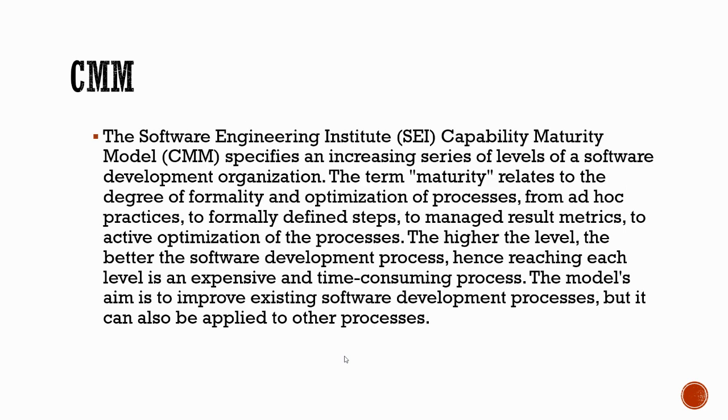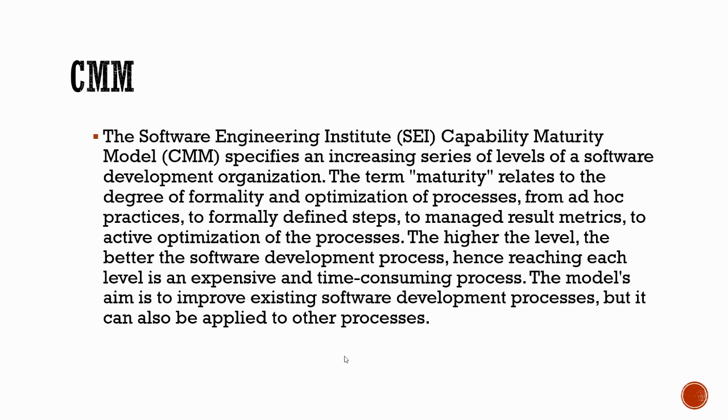The next one is the CMM model. The Software Engineering Institute (SEI) Capability Maturity Model, which is nothing but CMM, specifies an increasing series of levels of a software development organization. The term maturity relates to the degree of formality and optimization of processes, from ad hoc practices to formally defined steps to managed result metrics to active optimization of the processes.